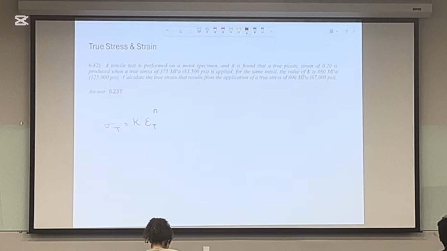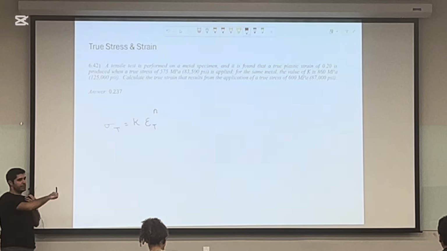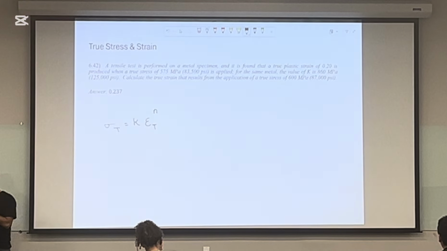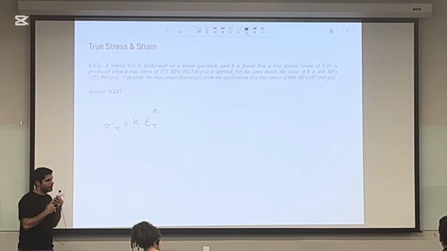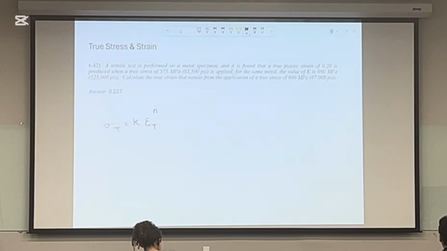We are given the true strain and the true stress plus the value of K. So what we can do with this information is plug it into this formula to find N, right? If we find N, then the rest of the question is simple. But how do we find N?